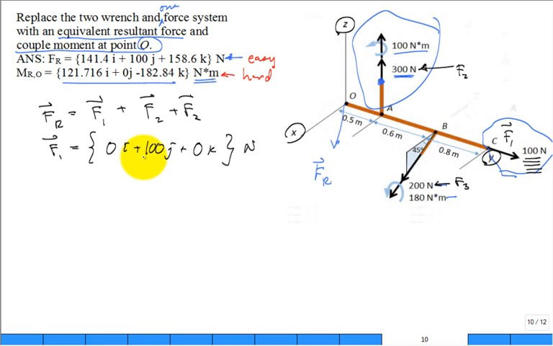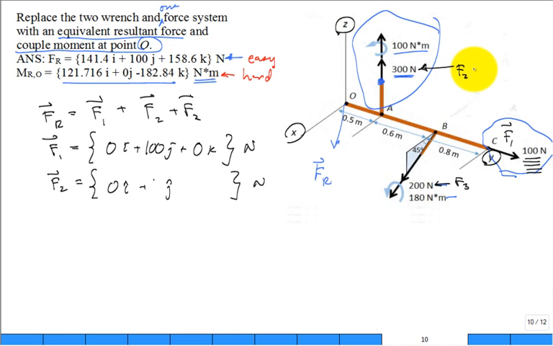All right, let's get F2. Here it is, Newton, and I look at it, and what is F2? How much in the I? 0. How much in the J? In the J, this is straight up.